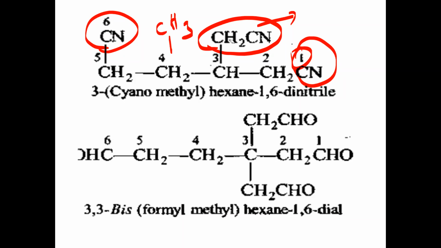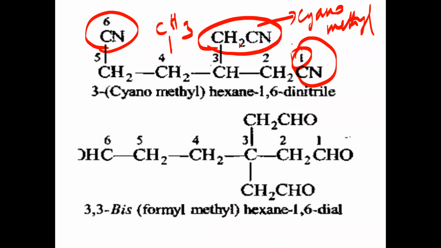Then it is called cyanomethyl. What is the name of this group here? Cyanomethyl. It is not the cyanide group here. We cannot take cyanide groups repeated more than 2 times; remember, 2 times only. This cyanide group is at both ends, this chain terminating cyanide and this chain terminating cyanide, 2 only.